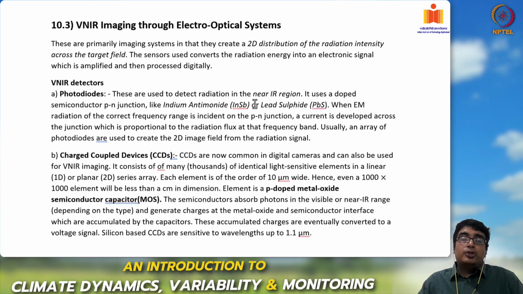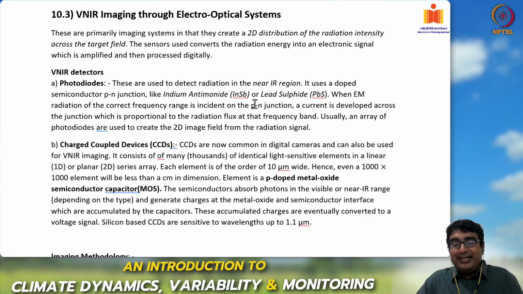The two most common types of VNIR detectors, number one, are photodiodes. These are specific types of semiconductor diodes that are sensitive to light, electromagnetic radiation. They are used to detect radiation in the near infrared region. It uses a doped semiconductor PN junction. We will not be discussing semiconductors in detail.